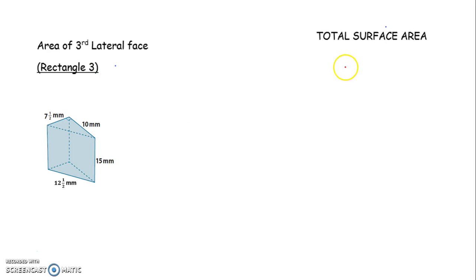Total surface area for my triangles is 75 millimeters squared. We had 187.5 millimeters squared for one of the rectangles, and we had 150 millimeters squared for the other rectangle. Now we got a third rectangle. We haven't yet calculated the area of this rectangle.